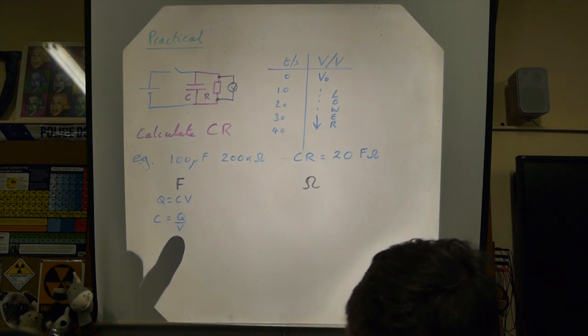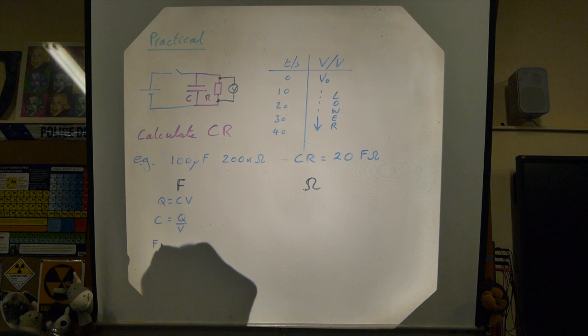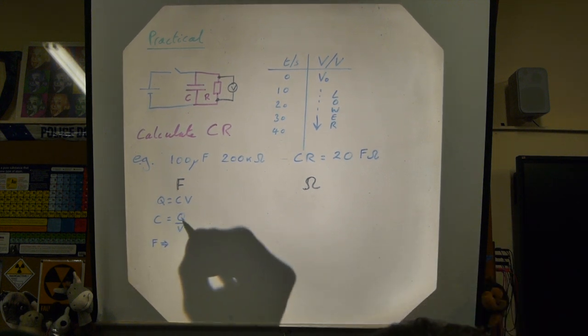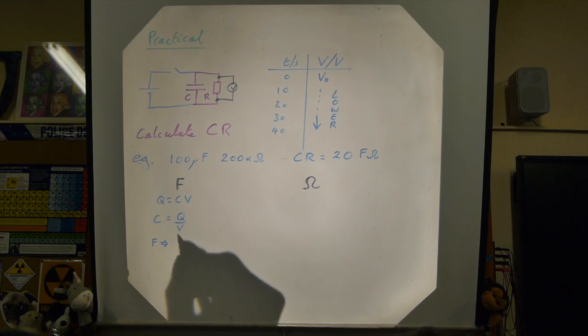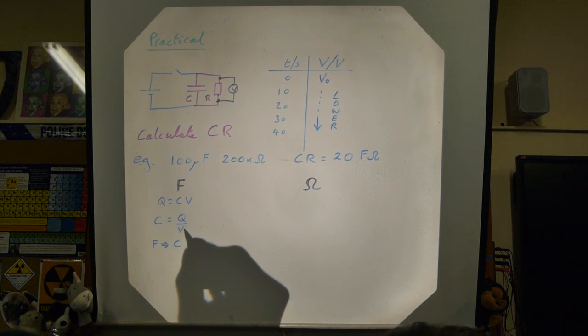Let's work out what sort of units we've got here to make life a little bit easier. Capacitance, or the farad, is coulombs per volt. Now volt is joules per coulomb.